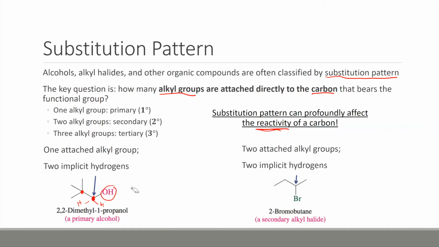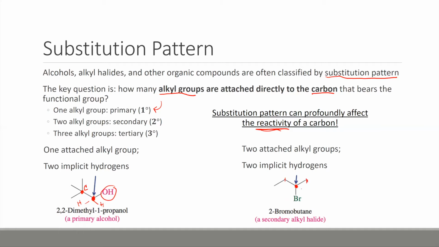Okay, so this carbon, again, is only attached to 1 other carbon right here. So it is a primary alcohol. This one right here, this has a bromine on it. Again, I want to look how many carbons are attached to this carbon. That's 1, 2.